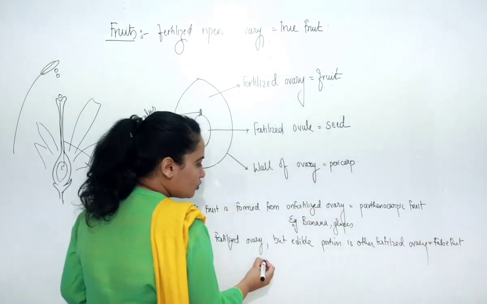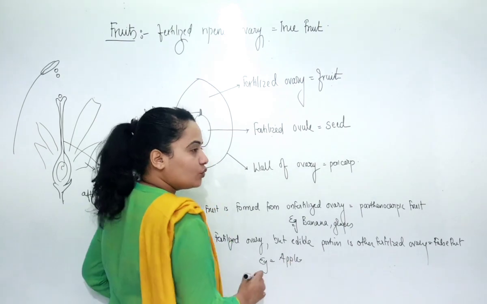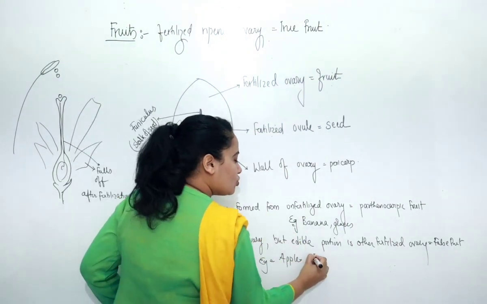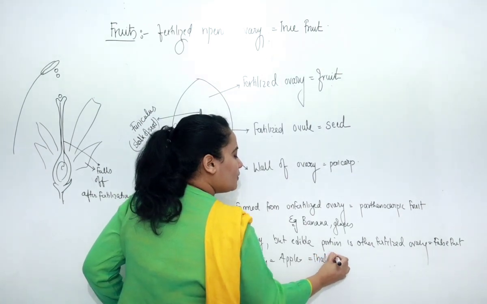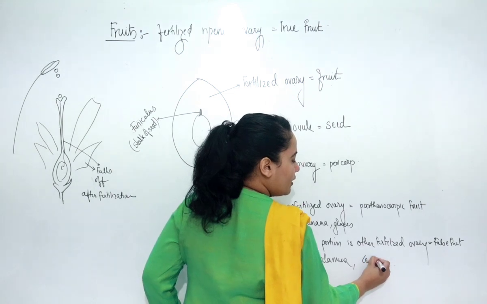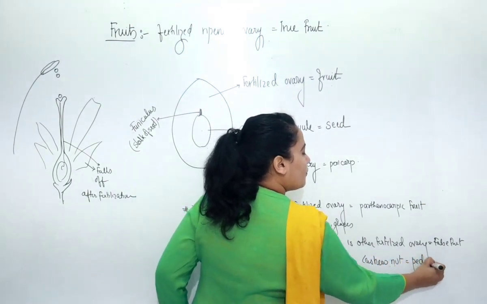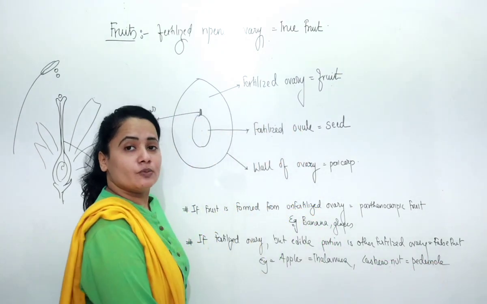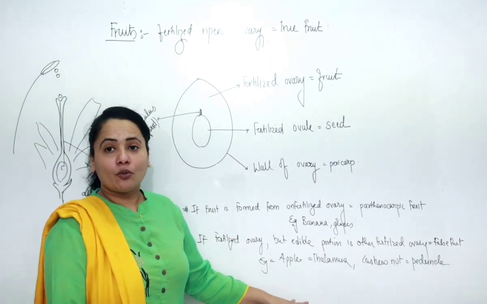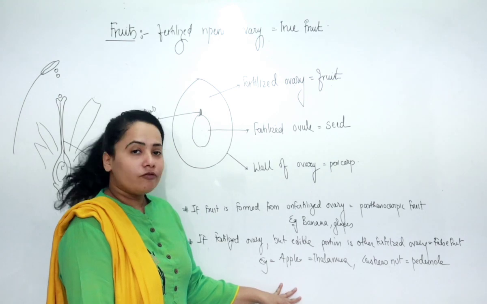And the example of false fruit is apple, in which we don't eat the ovary but we eat the thalamus. So the thalamus is the edible part. And another example you can take over here is cashew nut, in which the edible portion is peduncle. Now what is peduncle? The stalk of flower or the stalk of fruit. So that becomes my modified structure. Such kind of fruit is known as false fruit.